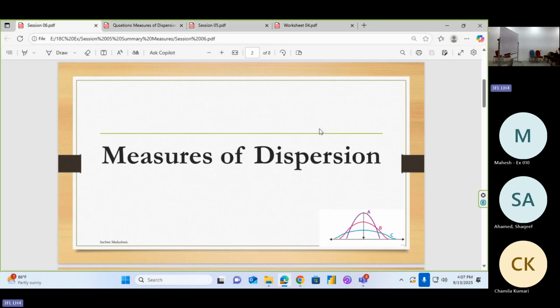Then we move into the new lesson, the third measurement. All of you bring your calculator.